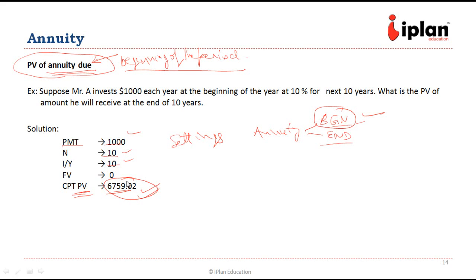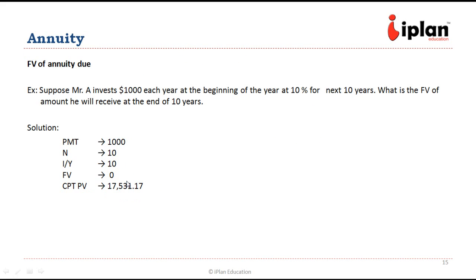Similarly, we can see the case of future value. Again, annuity due, that is, payment will be at the beginning of each year. All other numbers are the same. Payment is 1000, period is 10, compounding is again 10, present value 0. Sorry, in this case we need to calculate future value, and present value is 0.